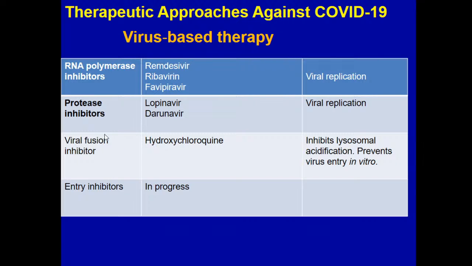Then the viral fusion inhibitors, and the major one here is hydroxychloroquine, the anti-malaria drug that, as we said, inhibits lysosomal acidification and fusion of the viral RNA into the cytoplasm. It prevents virus entry in vitro.